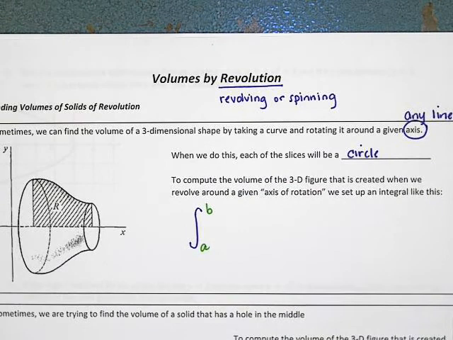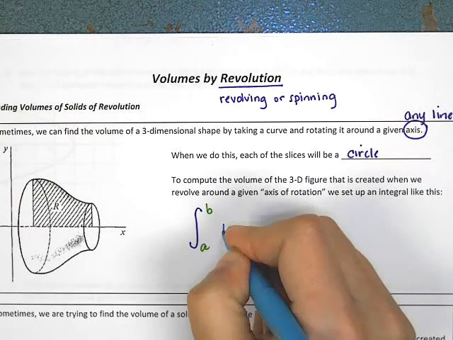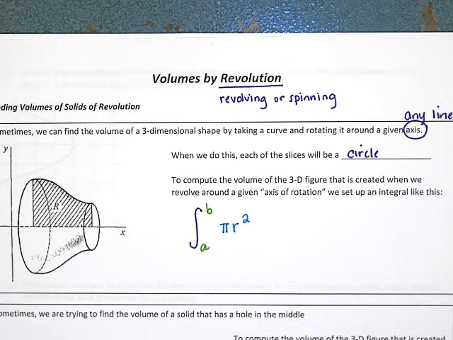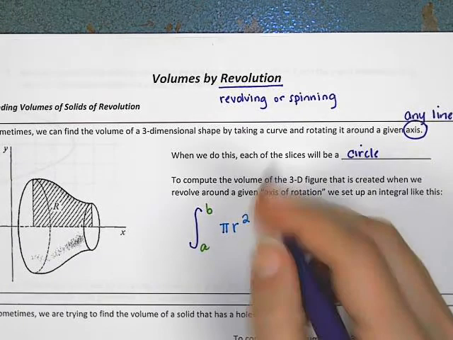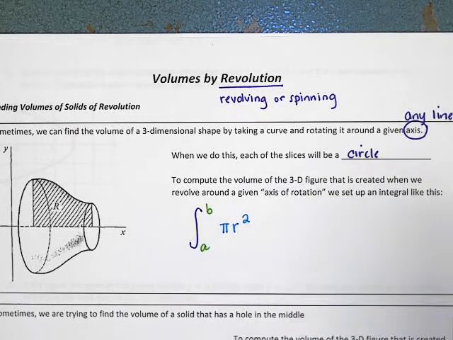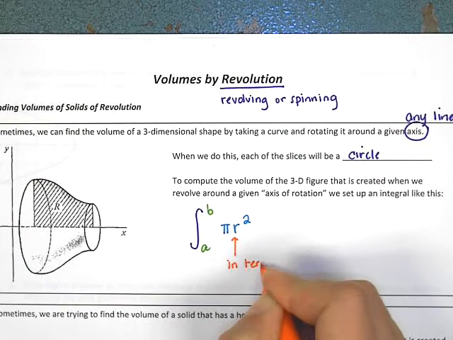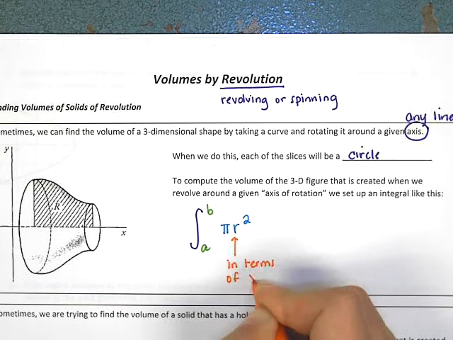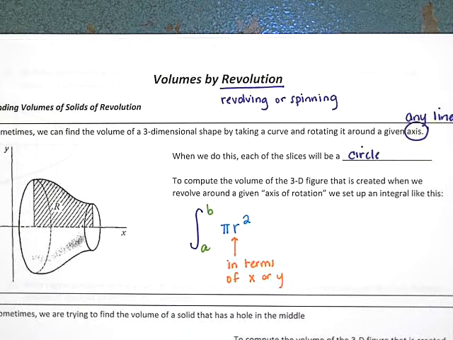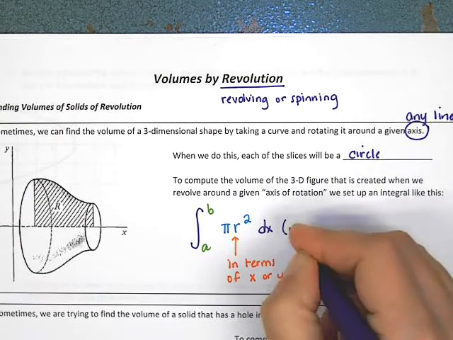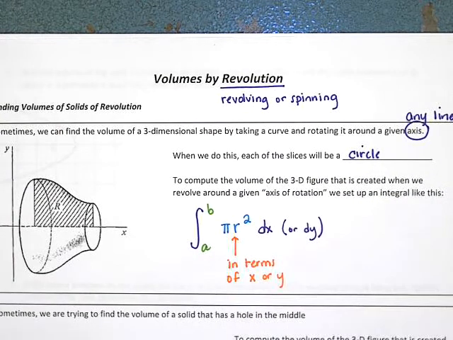But because it's always going to have circle slices, we're going to use the formula pi r squared inside of our integral because each of these slices will be circles. And then we need to make r be in terms of X or Y. And then we would put a dx or a dy depending on what we were integrating with respect to.